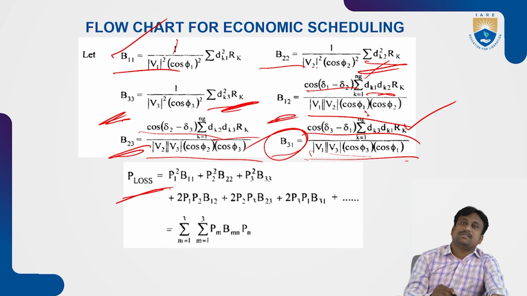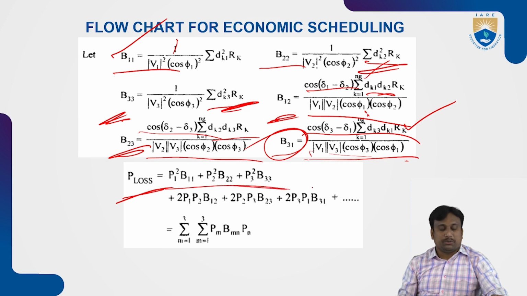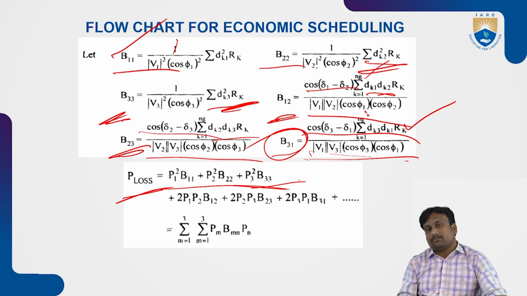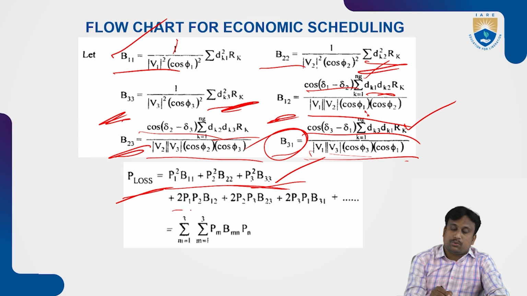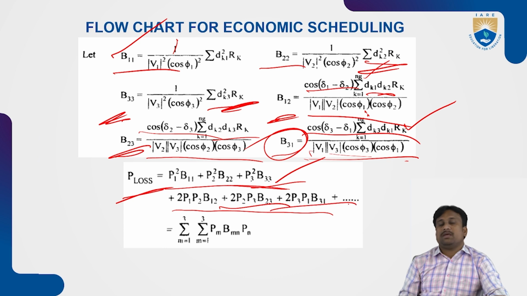So here the loss is represented as P1 square B11 plus P2 square B22 plus P3 square B33, added to 2 P1 P2 B12, 2 P2 P3 B23, 2 P3 P1 B31.